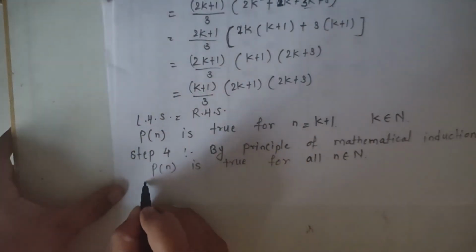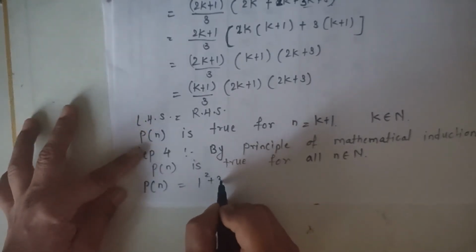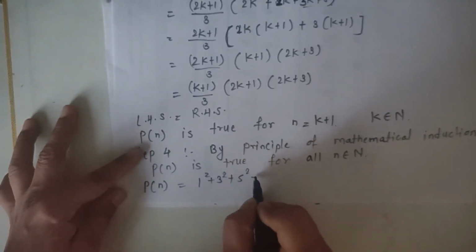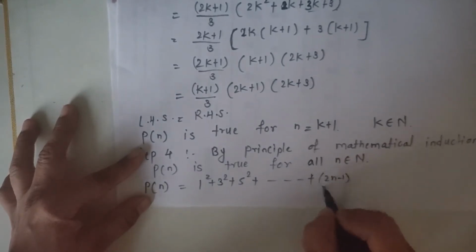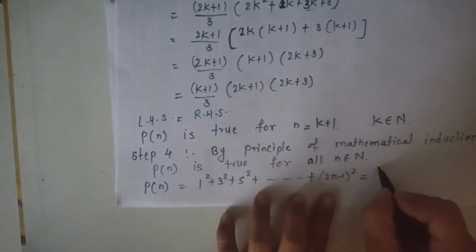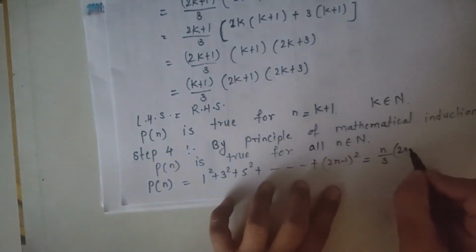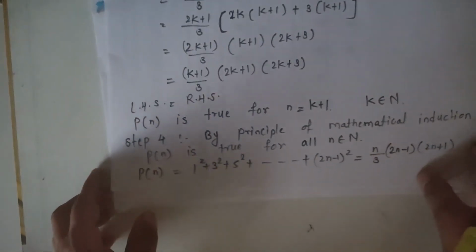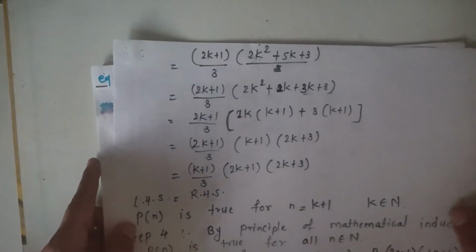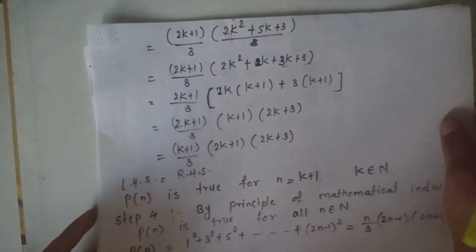So here the given P of n is 1 square plus 3 square plus 5 square plus up to (2n minus 1) square is equal to n by 3 into (2n minus 1) and (2n plus 1). In this way, using the principle of mathematical induction, we can prove the given statement.